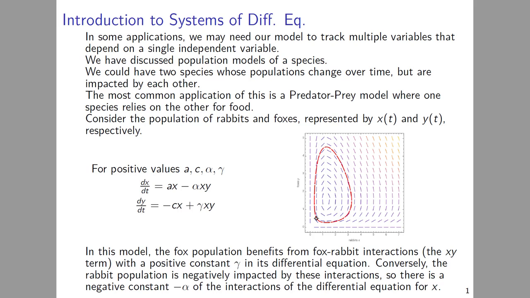A model like this is called a system of differential equations, because we have more than one differential equation, here dx/dt and dy/dt, that rely on both x, y and the independent variable t.